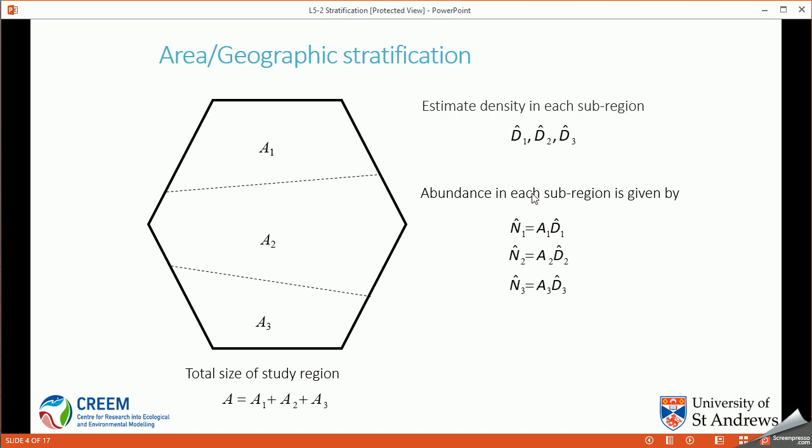Now the abundance in each region is the density in the region multiplied by the area. So in region number 1 we have a density D1 which we estimate, and our estimator is D hat 1. We estimate D hat 2 in region 2 and D hat 3 in region 3. The abundance estimate in the first region is the density estimate of the first region multiplied by the surface area of the first region, and the same for the other 2 regions.